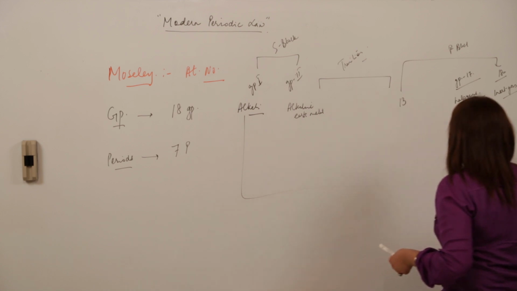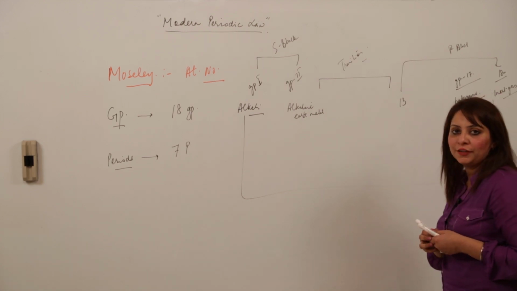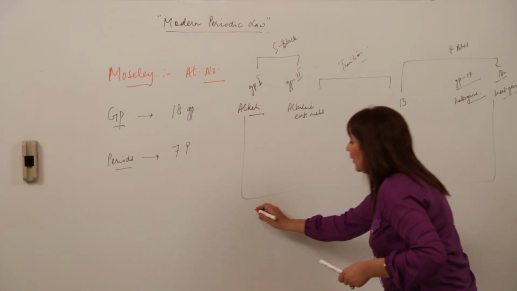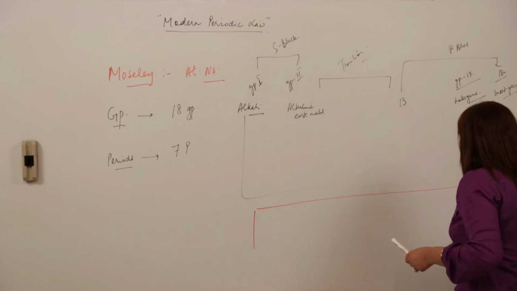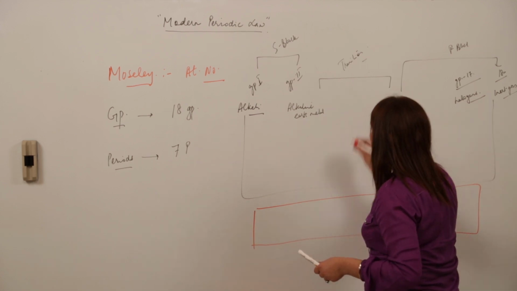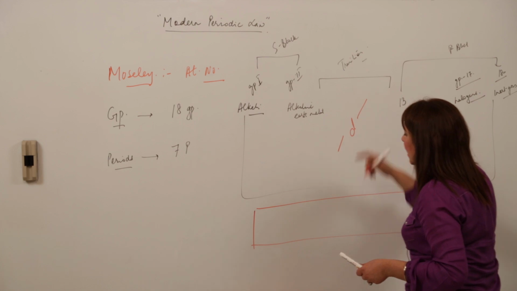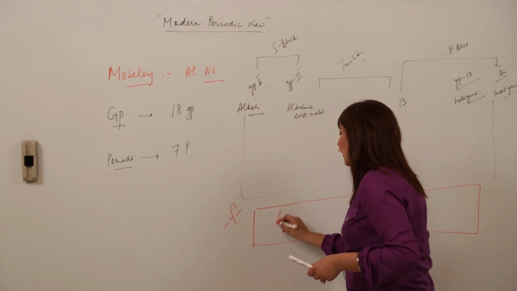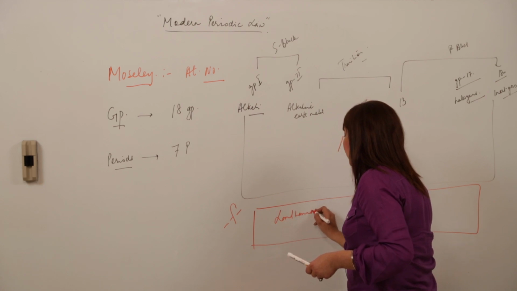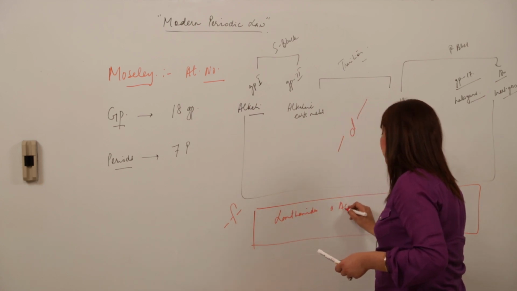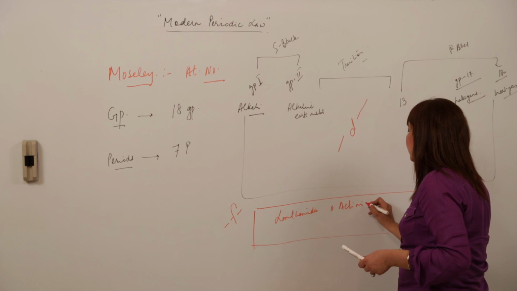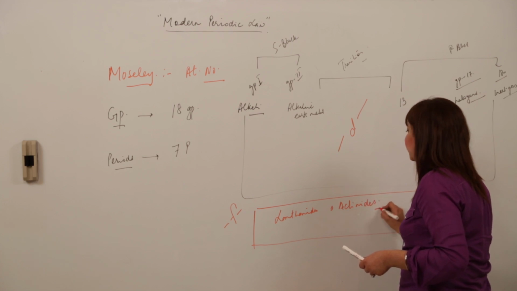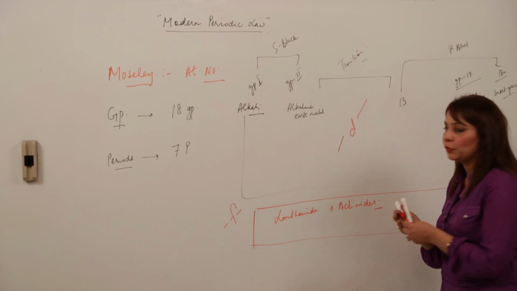This was the body of the modern periodic table, and here lie the rare earth metals. This was the D block, the transition block, and here lie the elements of the F block, called lanthanides and actinides, starting with lanthanum and actinium. So it was the body of this.